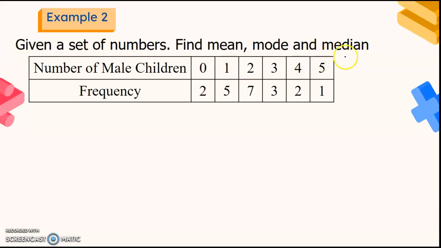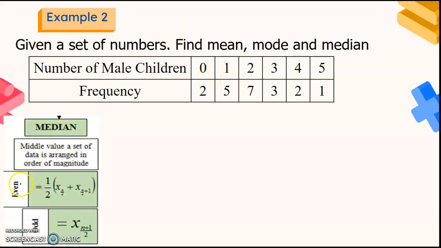Next, we are going to find the median. Median is the middle of the data. Since we have frequencies, we are going to use the formula here. Now n for this one will be the summation of f, which is 20. So 20 is an even number.